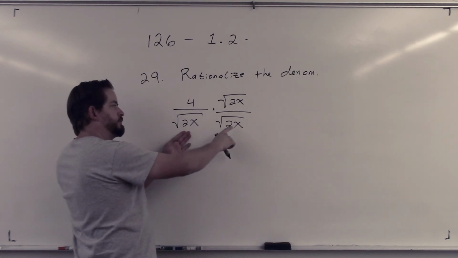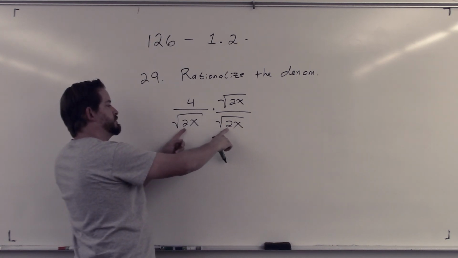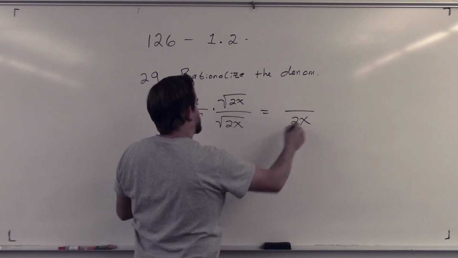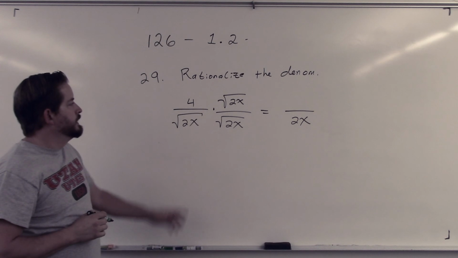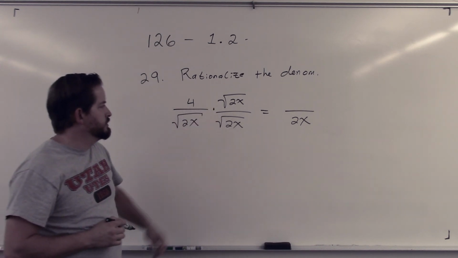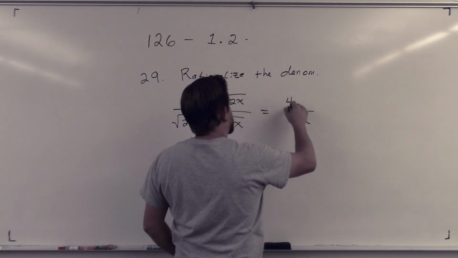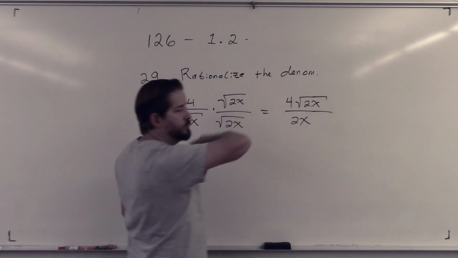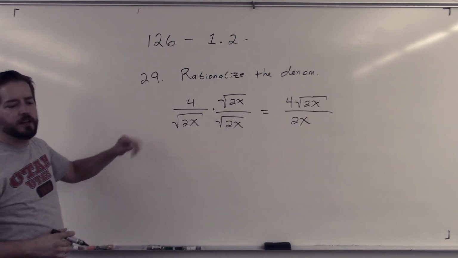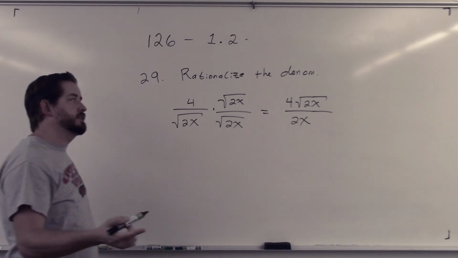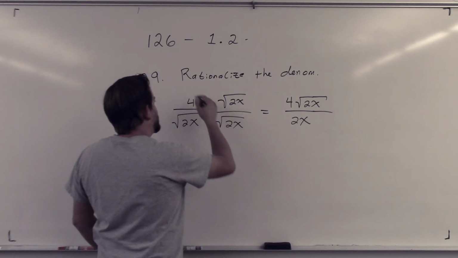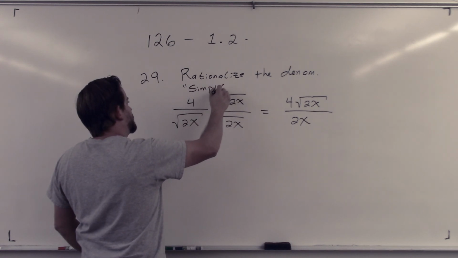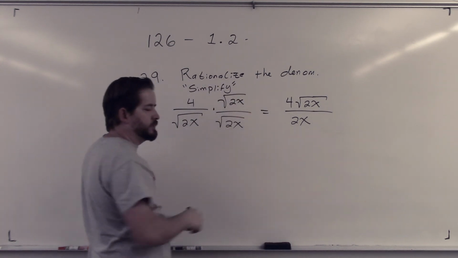Because now the square root of 2x times the square root of 2x, there's 2 factors of 2, 2 factors of x, so that's 2x. In the top, I simply have 4 times the square root of 2x. And normally, the last 2 questions we said, oh, we're done, this is good enough. But this one had one set of additional instructions, and that said, simplify, which you should always do, you just couldn't do it on the other two.